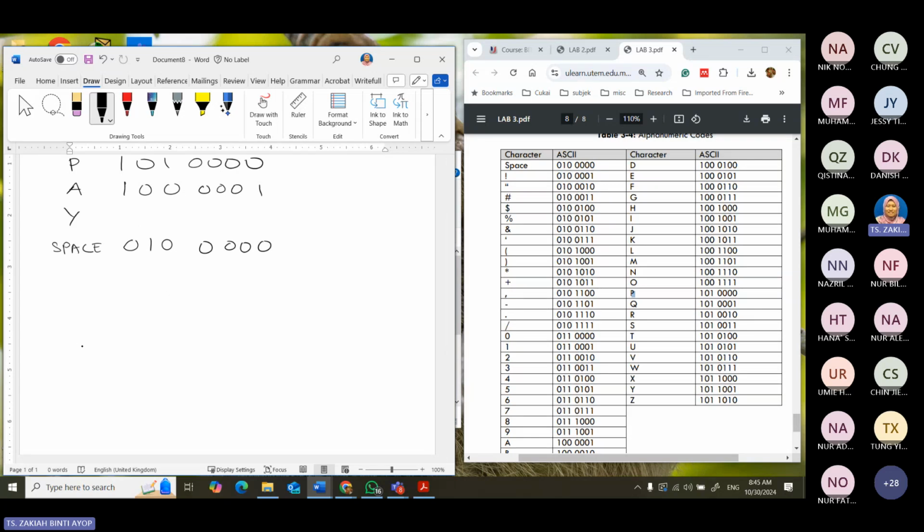So the entire message of this "pay RM space RM 100 ringgit" is 1010000, continue, 1000001, and then you continue to produce a string of binary numbers. So that's it for question 6.